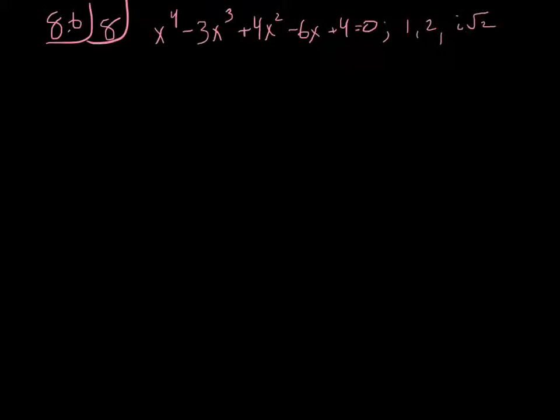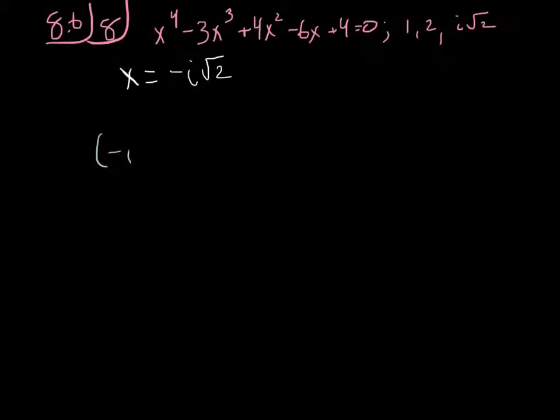Okay, I'm supposed to have 4 because the degree is 4, so that means I need one more, and the last one is x is equal to -i root 2. It's -i root 2 because your complex number is i root 2, so the conjugate of that is -i root 2. I'm going to do this one a little bit differently.